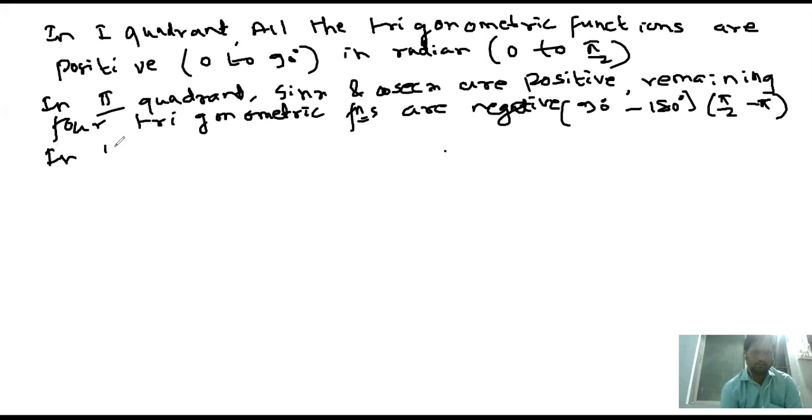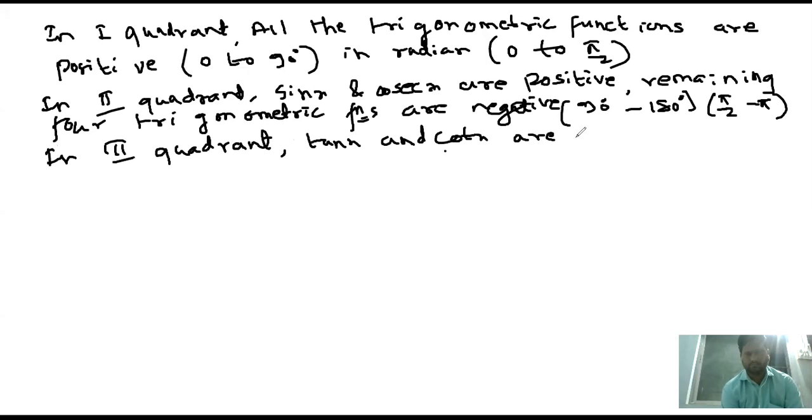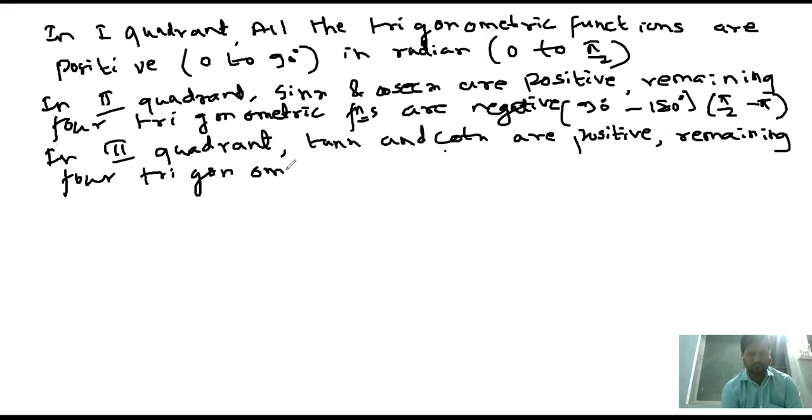In the third quadrant, tan x and cot x are positive, and the remaining four trigonometric functions are negative.